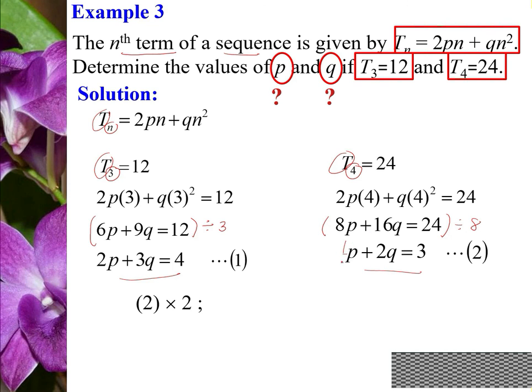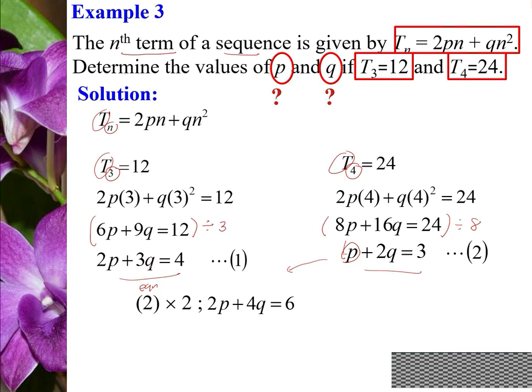So let's say we want to eliminate variable p. So that's why here I write equation 2. This bracket means equation 2 times 2. So here, instead of p, you get 2 times p plus 4q equal to 3 times 2, which is 6. Okay? So all of this equation will be multiplied by 2.